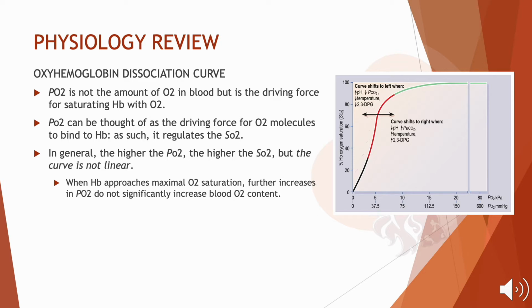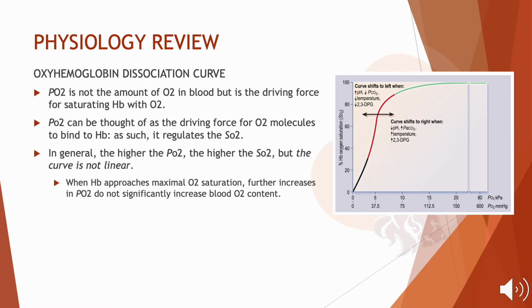As such, it regulates the saturation of hemoglobin with oxygen. The oxyhemoglobin dissociation curve shows the saturation of hemoglobin with oxygen that will result from any given partial pressure of oxygen. In general, the higher the partial pressure of oxygen, the higher the saturation of hemoglobin with oxygen, but the curve is not linear.